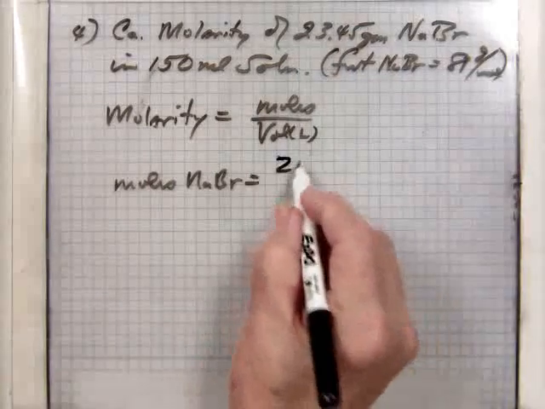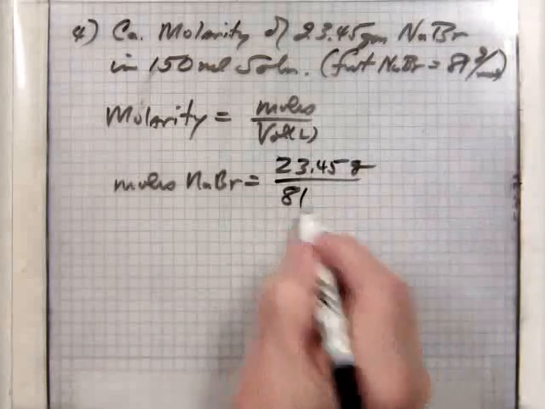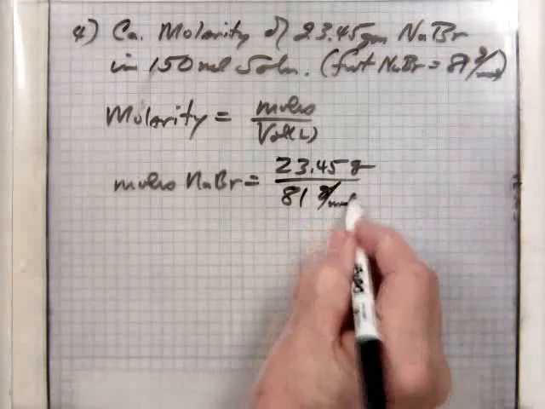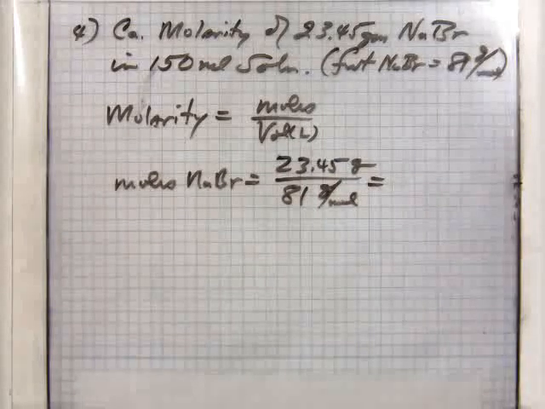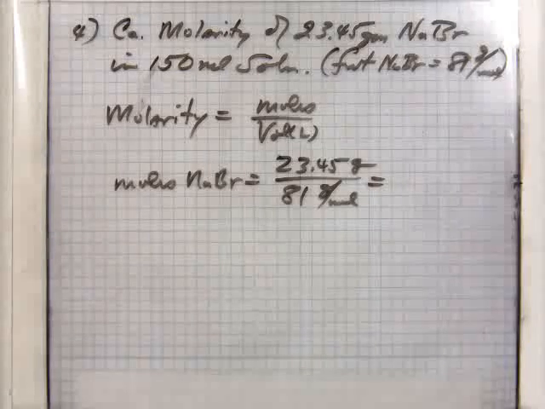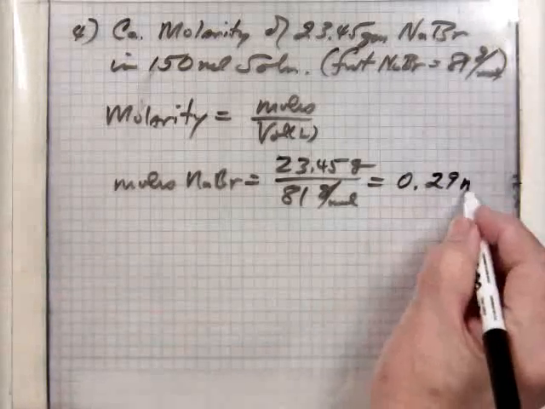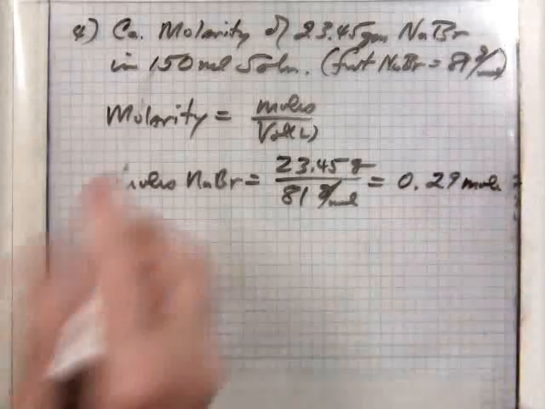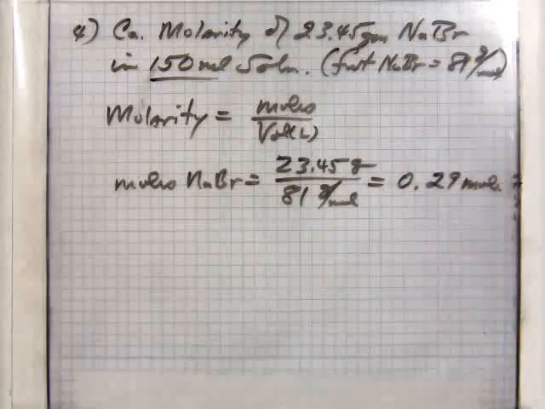So we have 23.45 grams divided by 81 grams per mole, whatever that is. 0.29 mole, and the volume in 150 mils would be 0.150 liters.